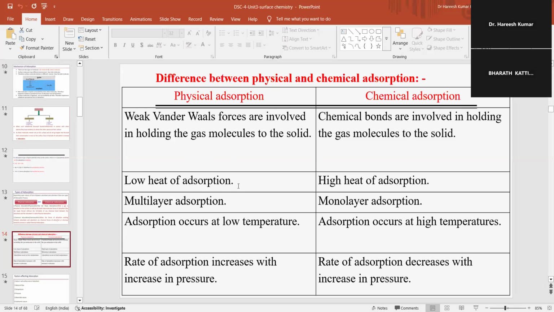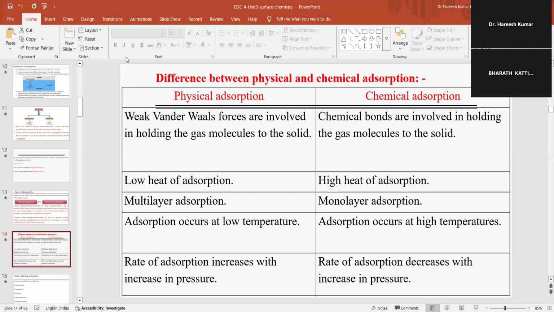Low heat of adsorption with respect to physical adsorption, high heat of adsorption with respect to chemical adsorption. Multilayer is possible in physical adsorption. Only monolayer is possible with chemical adsorption. Physical adsorption requires low temperature. Chemical adsorption requires high temperature.